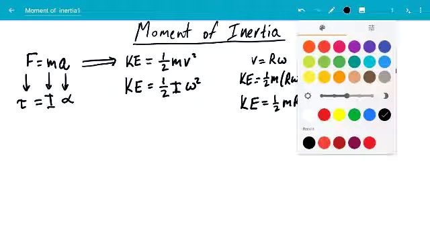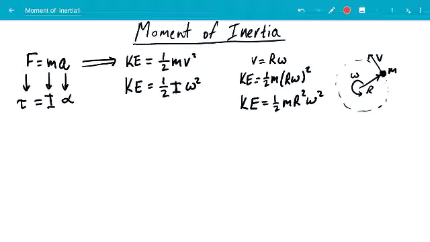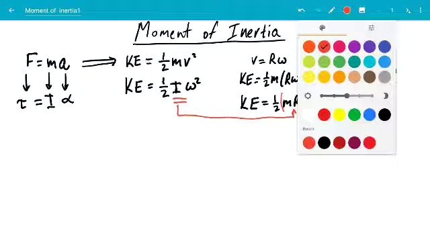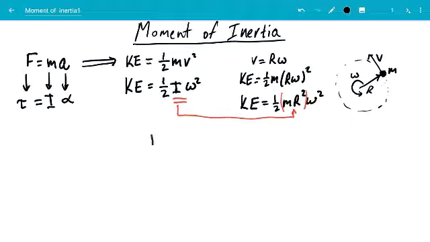We wanted something that looks like 1/2 something times omega squared. And if we compare that with I, there's our moment of inertia. So I is going to equal 1/2, or oops, not 1/2. It's going to equal m r squared.